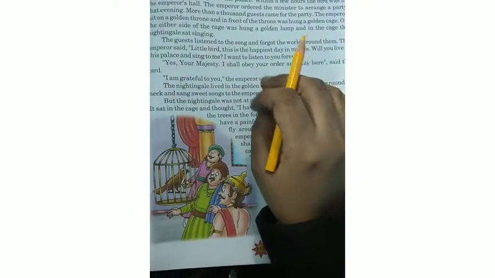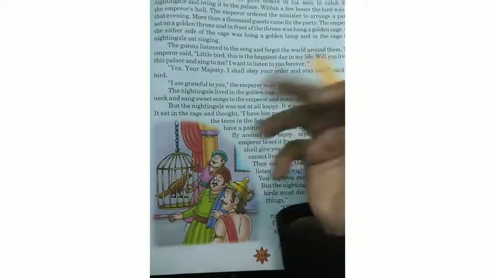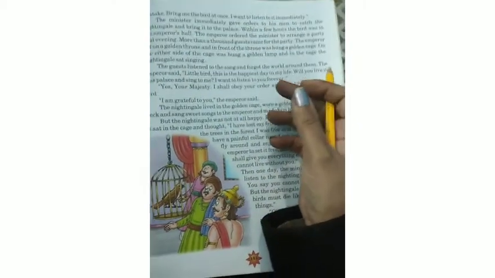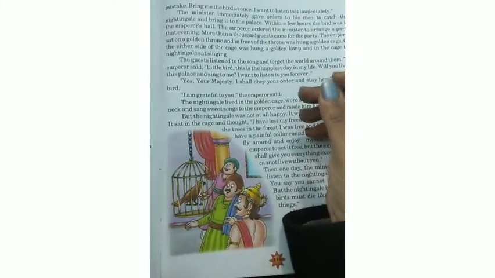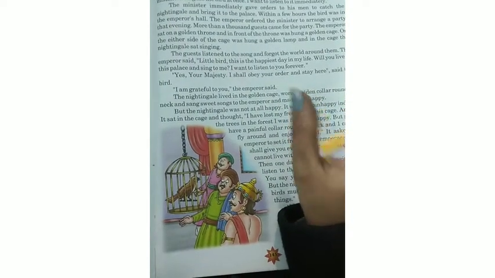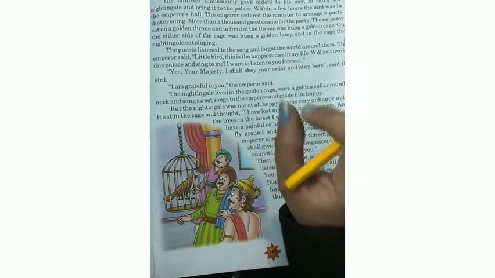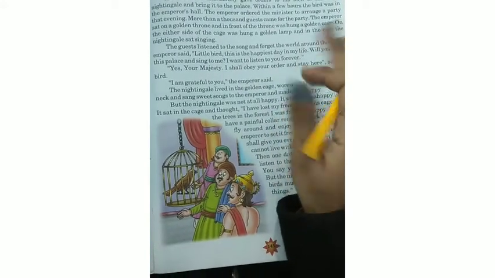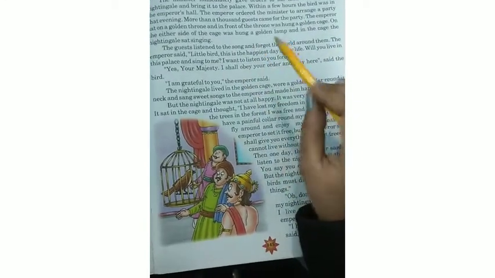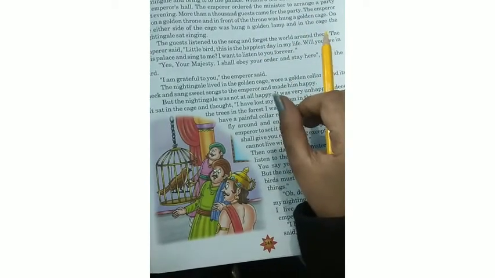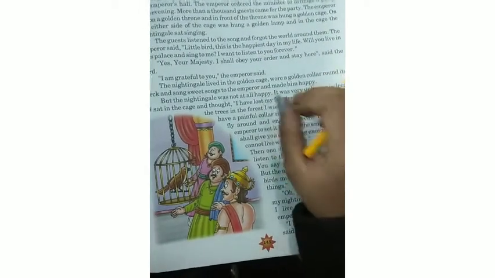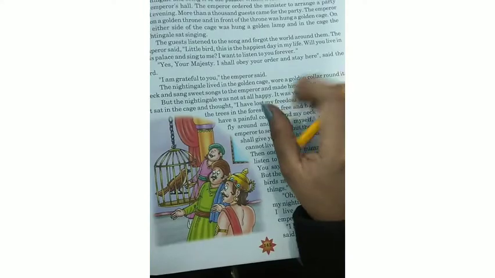When the king came to know about the bird, he asked his ministers why they hadn't informed him till now. The minister said, "Yes, your majesty, this is true, and there is such a bird in our kingdom who sings so wonderfully." So the king ordered them to go and catch that bird, as he wanted to see it in his palace.